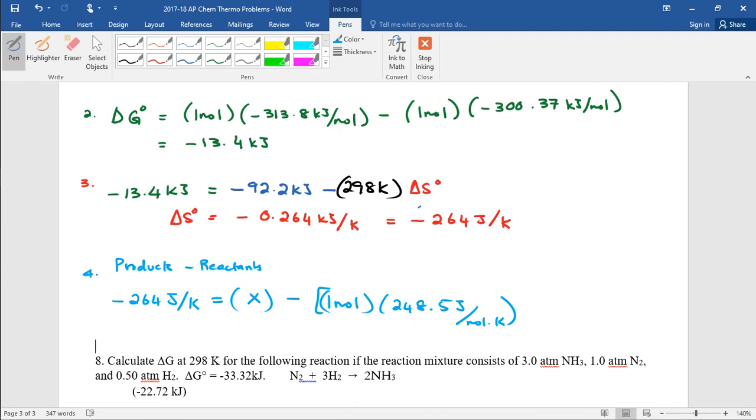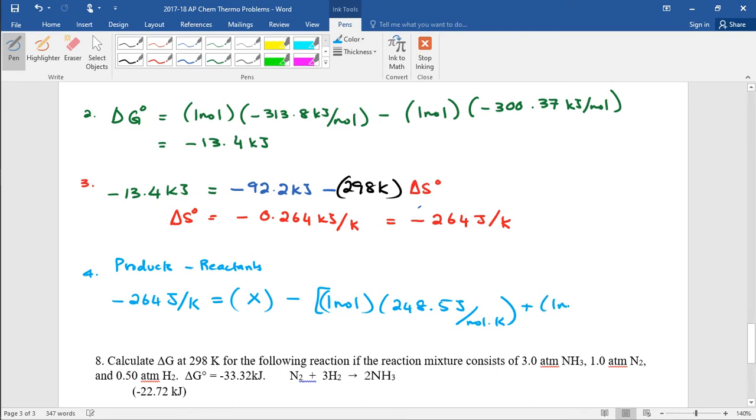The only time entropy values will be 0, because the standard state for entropy is absolute 0, is at that temperature. Okay, so at 25 degrees Celsius, or wherever the standard state is for enthalpy and free energy, everything's going to be a positive value. So chlorine is no longer 0. Chlorine actually has a value. Okay, so you have to look those values up in your appendix.